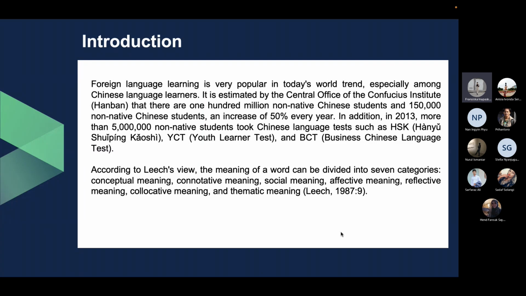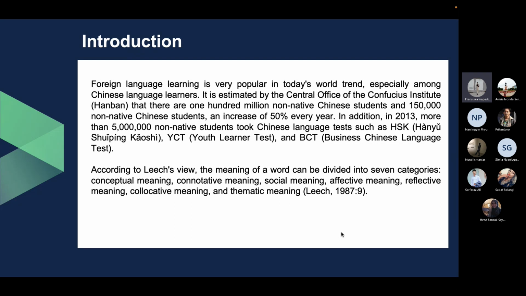In addition, in 2013, more than 5 million non-native students took Chinese language tests such as HSK or Hanyu Shuiping Kaoshi, correct me if I'm wrong, and then YCT, the Youth Learner Test, and then BCT, the Business Chinese Language Test.